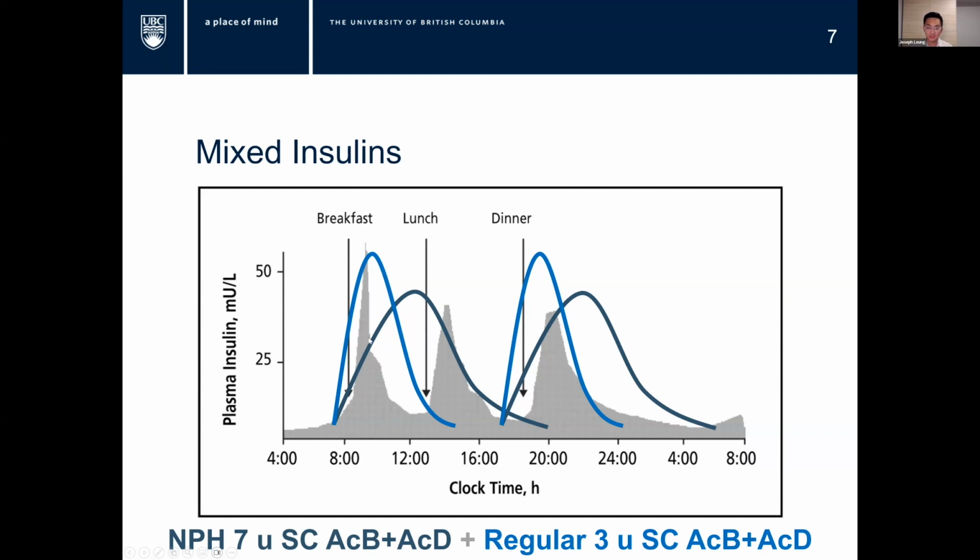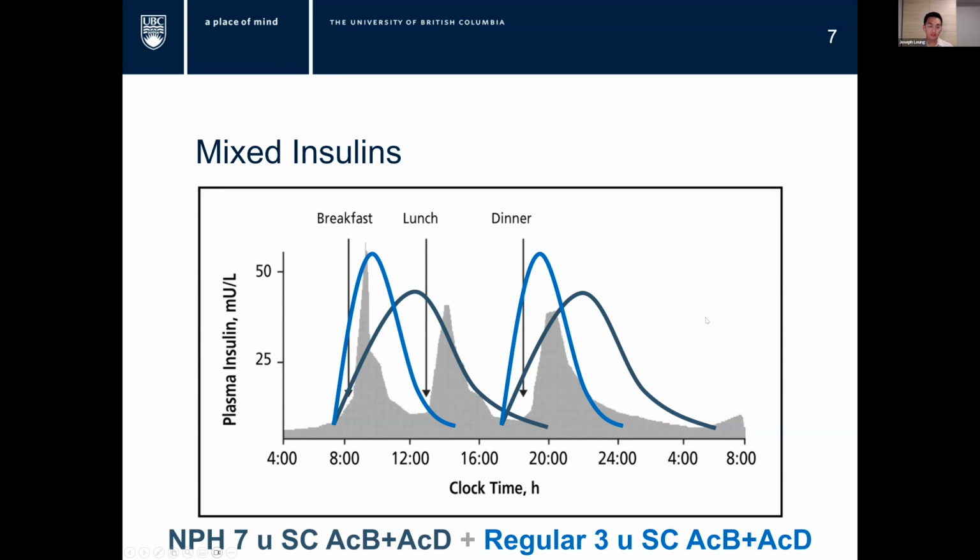The hope is that it will peak around when lunchtime happens, and then likewise dinner and bedtime. But one of the downsides of this type of regimen is, as you can see, it's not very physiologic. The curves of the insulin does not fit with the physiologic insulin secretion very well. And that's why in a regimen like this, you can have a lot of hypoglycemia.